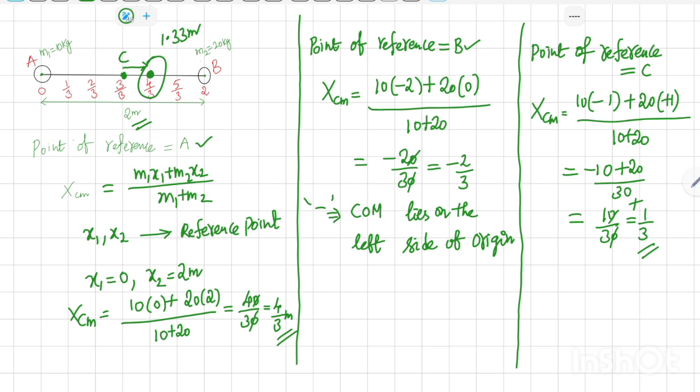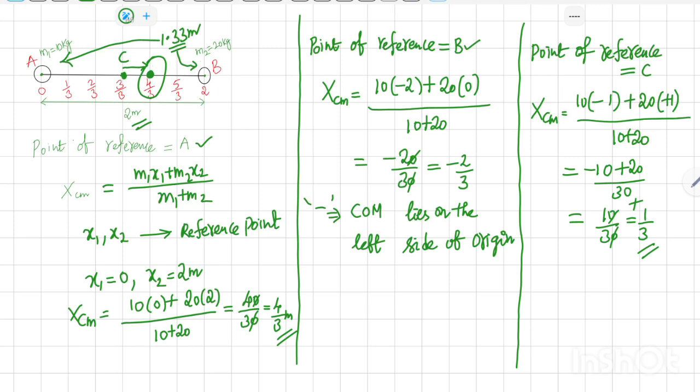One more thing which we can conclude from this problem is, if you observe here, the center of mass is closer to 20 kg. It is far away from 10 kg. Why? Because 1.33 is not exactly at the midpoint.